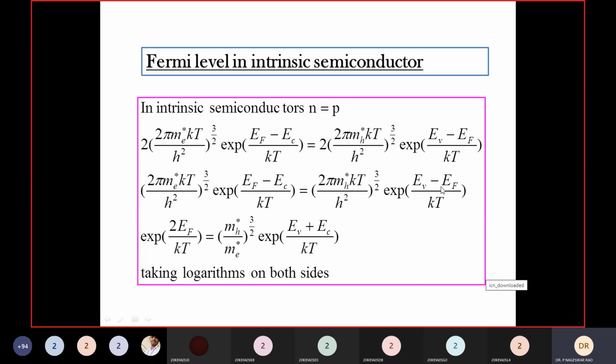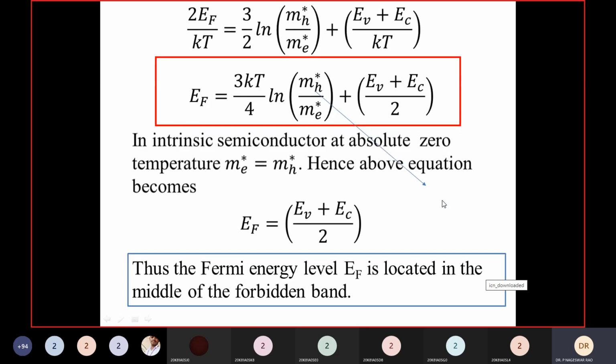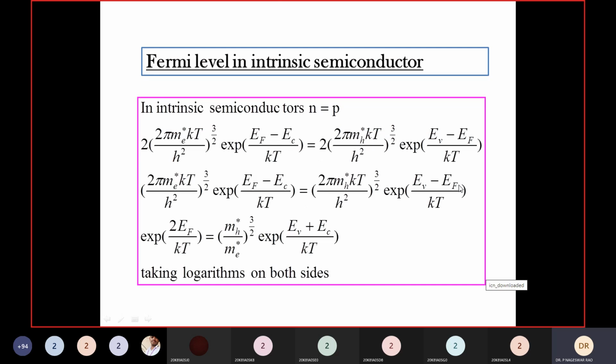So exponential of Ev minus Ef by kT, minus Ef minus Ec by kT. The terms added and subtracted here: this is minus Ef again, so it becomes minus 2Ef, and the remaining terms are Ev plus Ec.